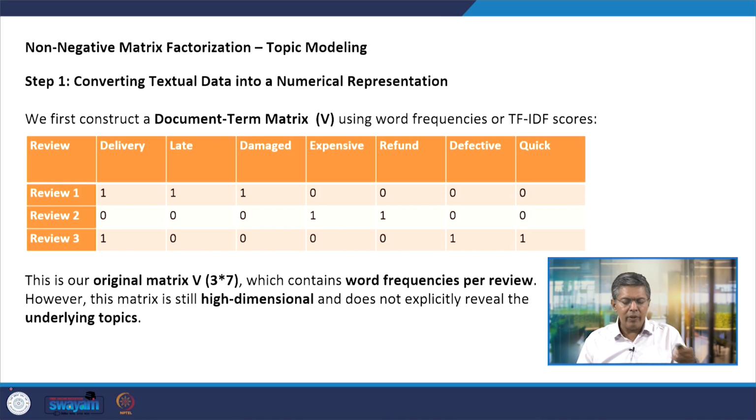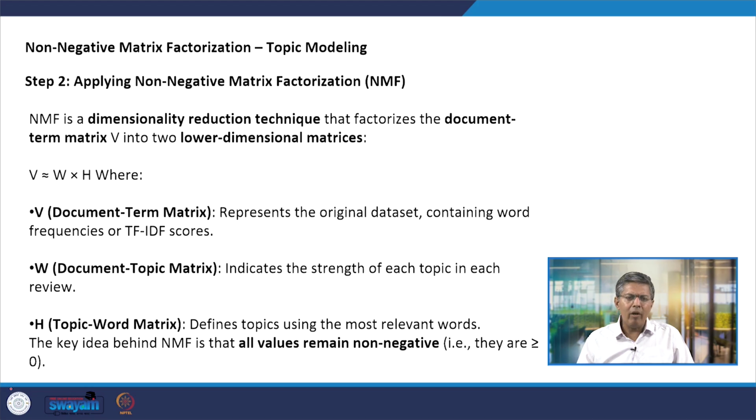So, this word frequencies per review matrix has a problem: it is still high dimensional and does not explicitly reveal the underlying topics. So, what do we do then? Let us see. Applying non-negative matrix factorization is the method that we will adopt. Now, what is this? Here NMF is a dimensionality reduction technique, as you do dimension reduction in factor analysis, if you remember.